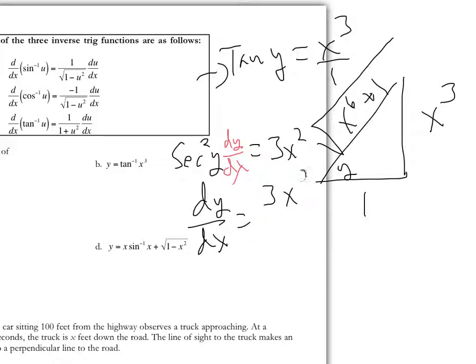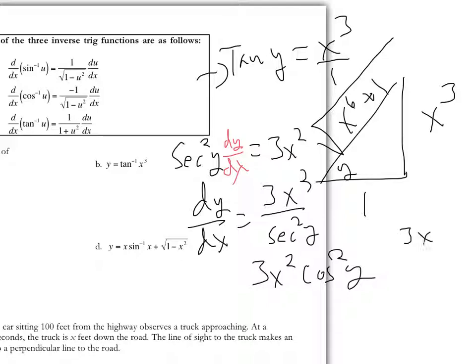So 3x squared over the secant squared, which is the same as 3x squared times the cosine squared of y. Well, let's see. Cosine squared, well, 1 over this is the cosine, but we're squaring it, so the square root disappears. So we can write this as 3x squared over x to the 6th plus 1.